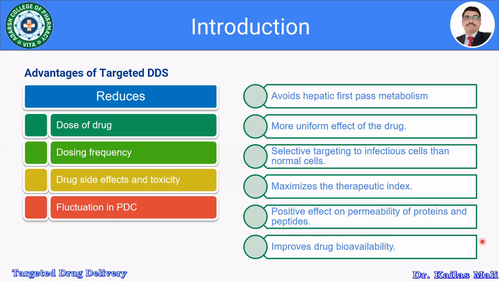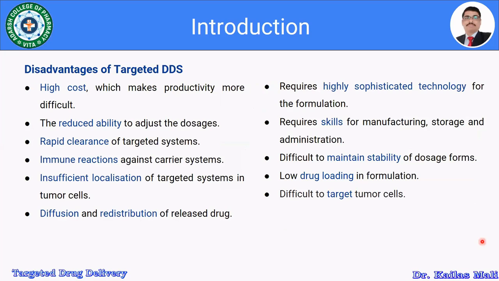Let us move towards the disadvantages of the targeted drug delivery system. Like advantages, it has certain disadvantages also. The very first one is high cost. It is not that easy to design and develop the targeted drug delivery system.